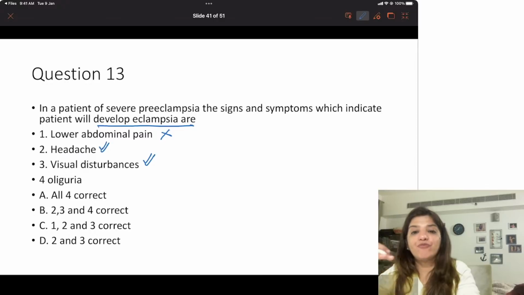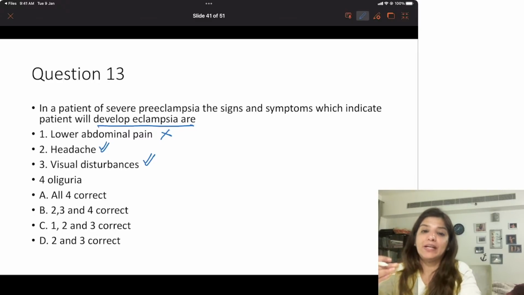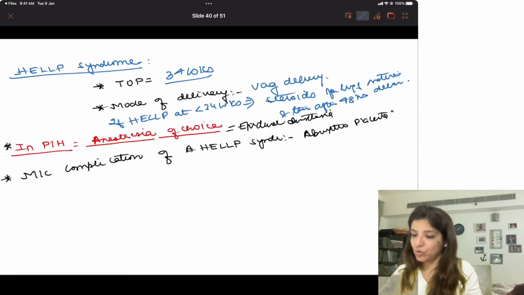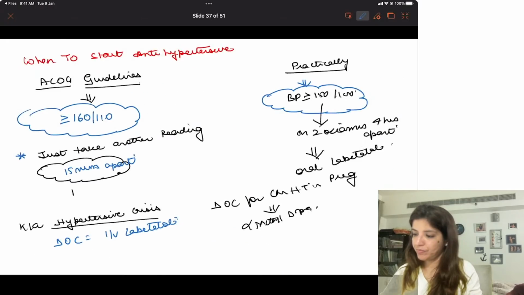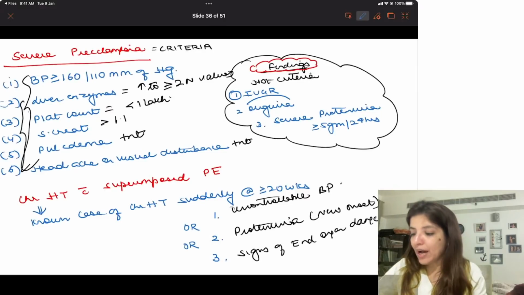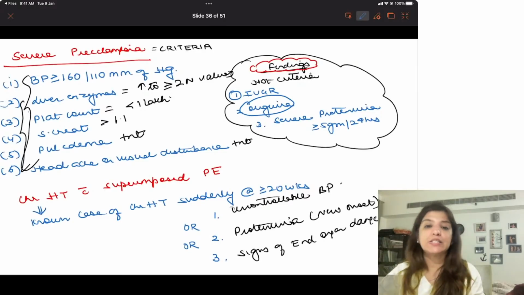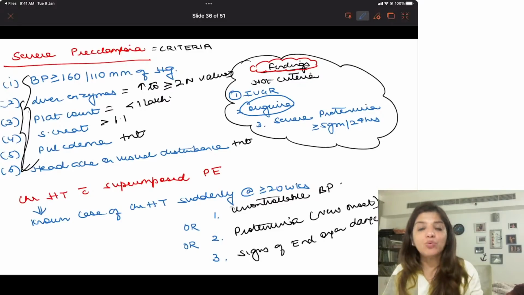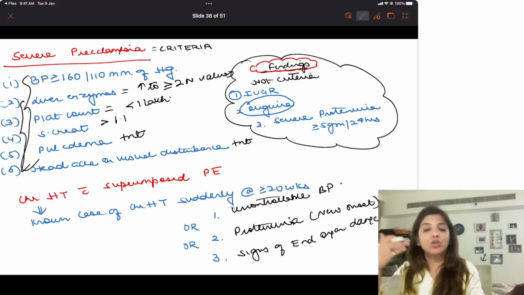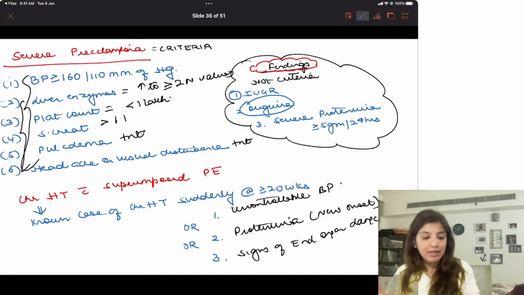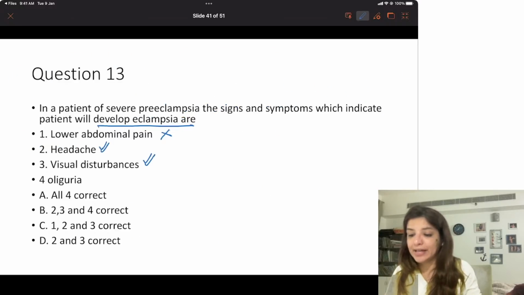So again, we have varied answers. Some of you are saying, yes, it is a sign of impending eclampsia. Others are saying it is not. Right? Now, please understand, just now I told you that oliguria is a finding which you get in severe preeclampsia. Oliguria is not a criterion for diagnosing severe preeclampsia. Similarly, oliguria is not a criterion for impending eclampsia.